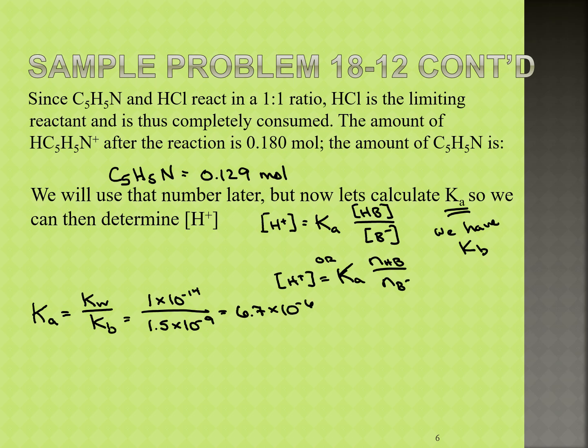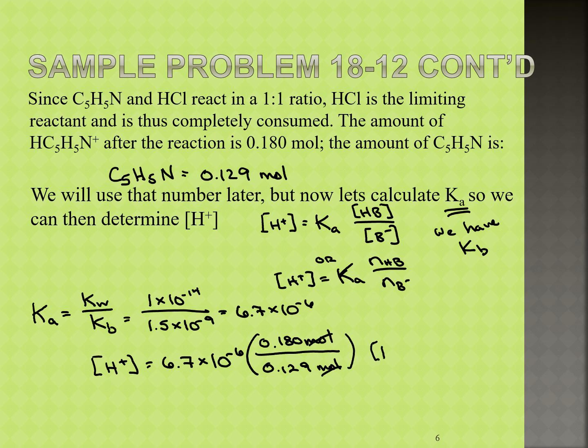Now we can plug in our values here. And so our H+ is 6.7 times 10 to the minus 6 times the number of moles of acid. Between the two, the pyridine is the base, so the acid, its conjugate acid, is the 0.180 moles. The pyridine was 0.129 moles.